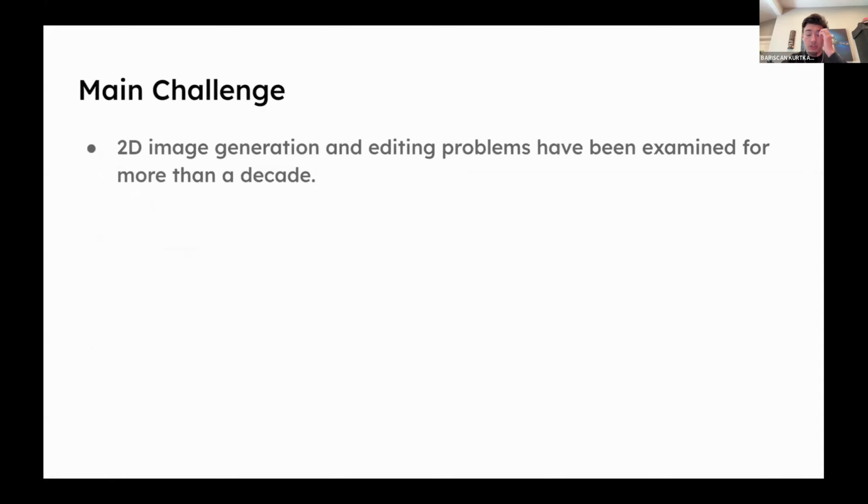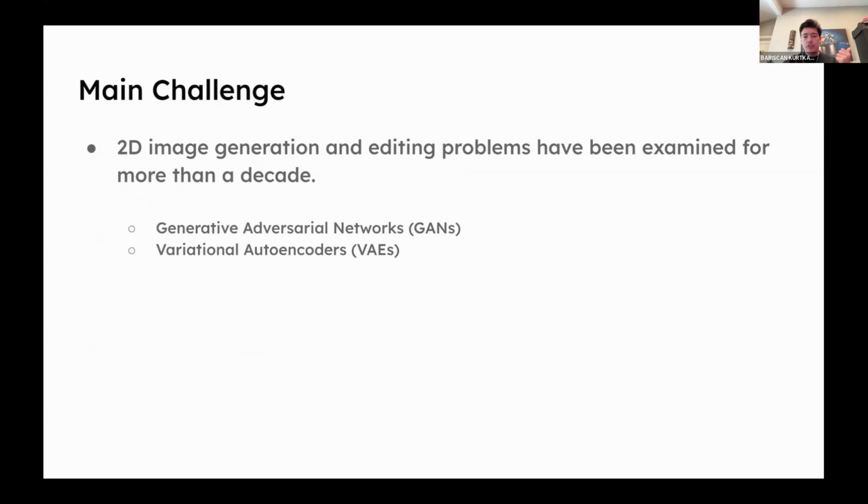So the main challenge is basically that 2D image generation and editing problems have been examined for more than a decade. And we proposed a lot of architectures like GAN architectures, variational autoencoders, normalizing flows, autoregressive models, and currently diffusion models. Most of the state of the art is diffusion models.